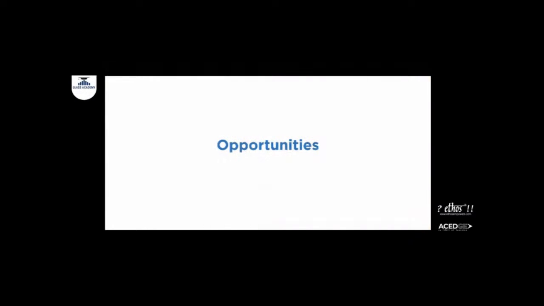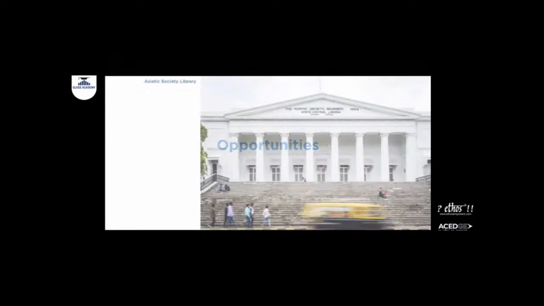And then looking at the opportunities, there is always this question: what opportunities is the city providing to its people? There's this example that has been in my mind about the Asiatic Society library, which has these huge steps right in front of the library.